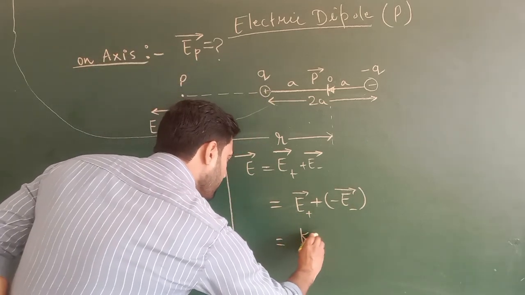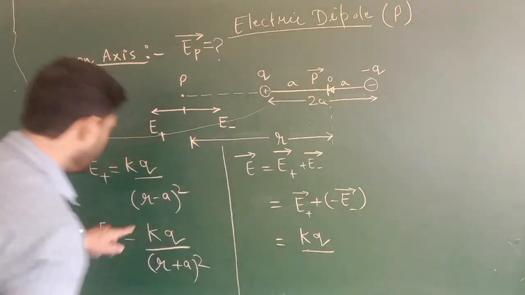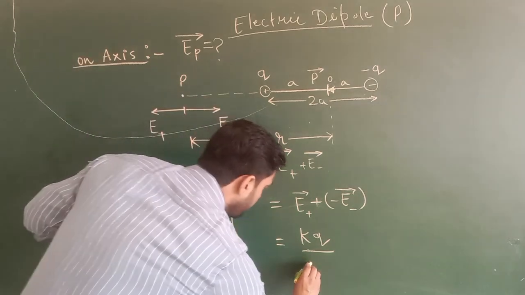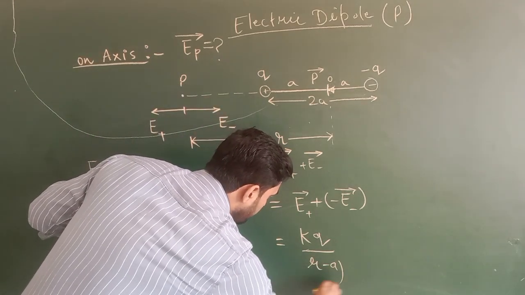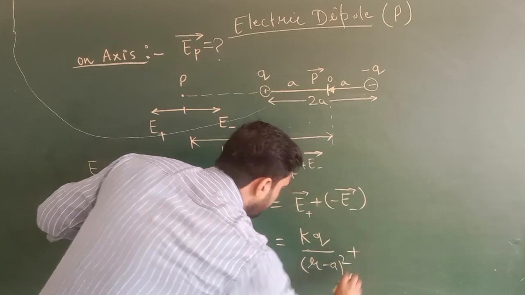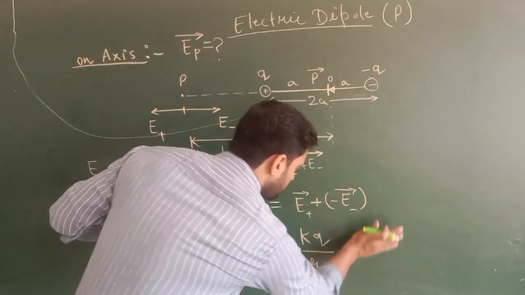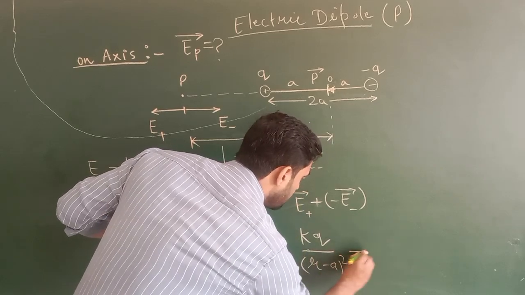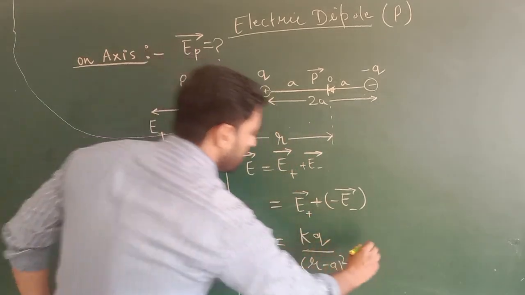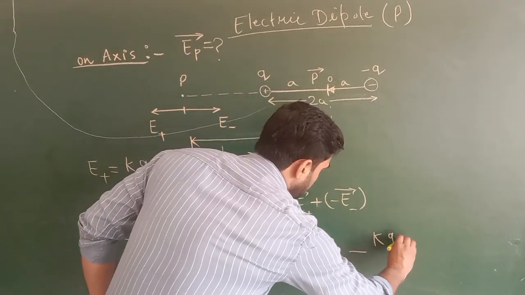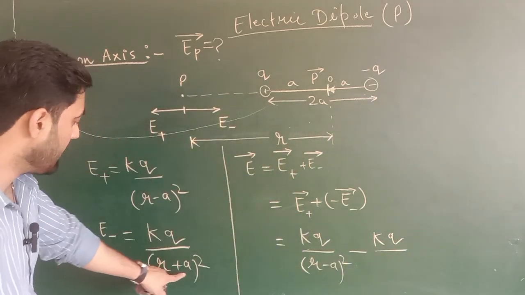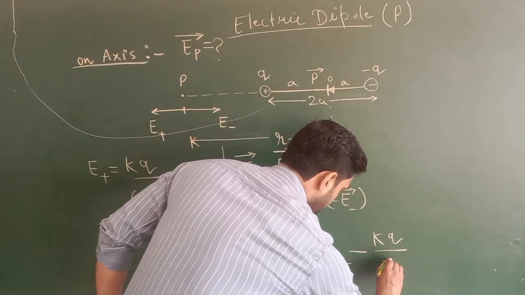So kq divided by r minus a whole square, minus kq divided by r plus a whole square.